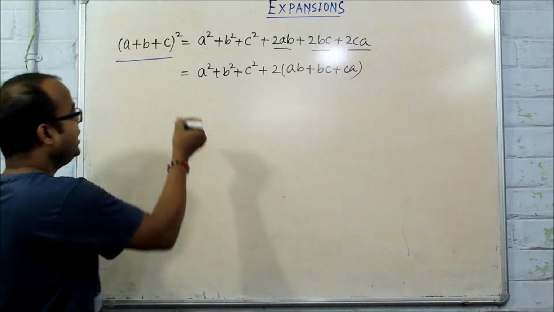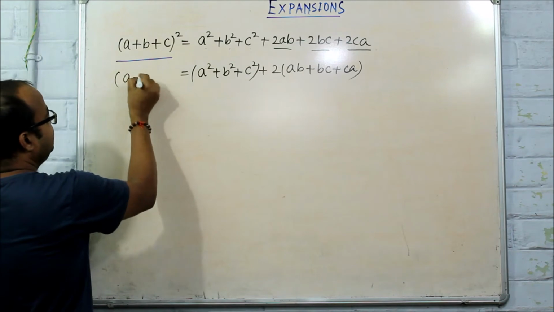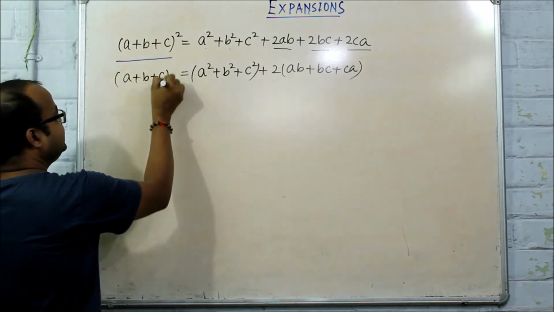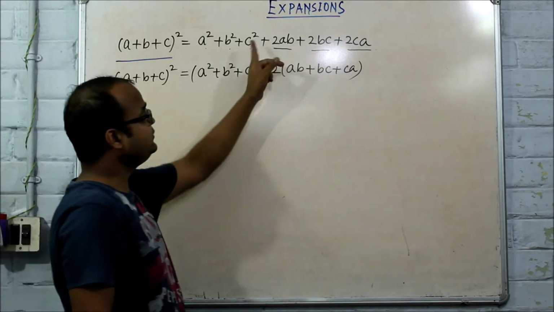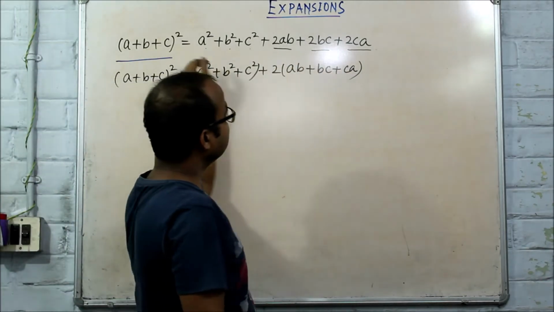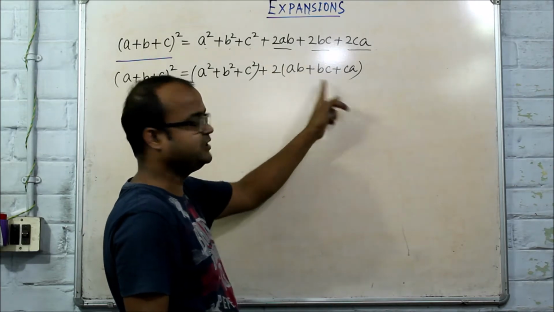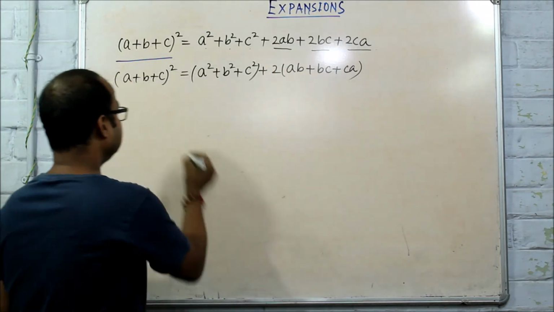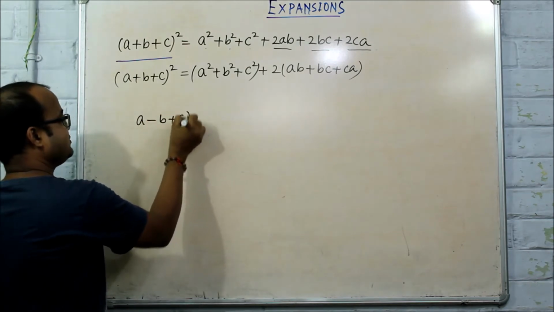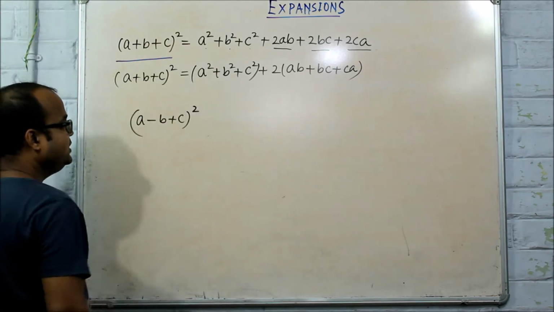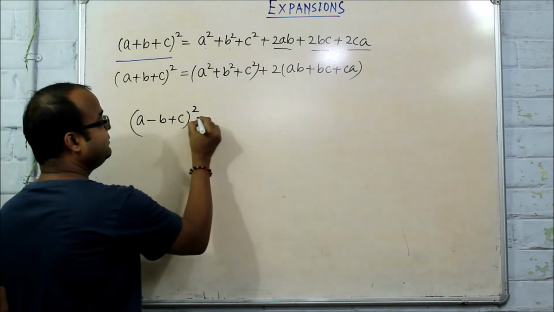Now how are we going to use this formula? This is the formula of (a plus b plus c) square. Same formula, but in the first case, this is a normal expansion. In the second case, we take 2 common from the last 3 terms. Now, suppose you need to find out (a minus b plus c) square. Now, see, the square term will never be negative.